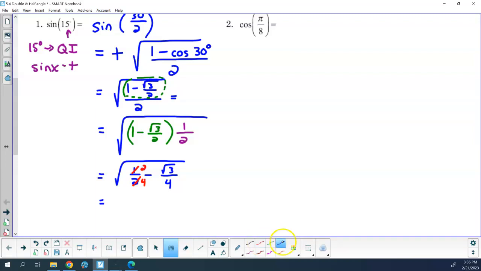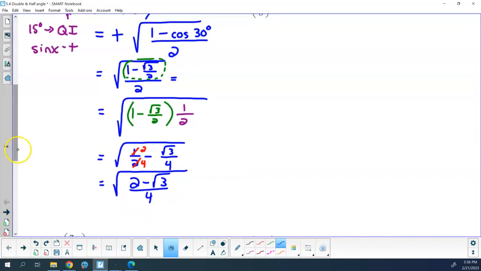So then that would become the square root of 2 minus the square root of 3 all over 4. And all of that is still inside that radical.